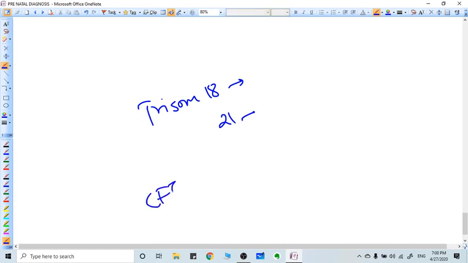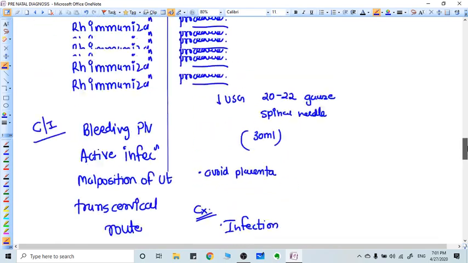CFTR mutation: in case of CFTR mutations, we need to test one parent first. If that parent is a carrier, then we should proceed with the CFTR mutation test, because CFTR, cystic fibrosis, is an autosomal recessive disease, and for an autosomal recessive disease to be present, both parents need to be involved. So if one parent is negative, then obviously we don't need to do the CFTR mutation test for the fetus. It's the same with thalassemia also.